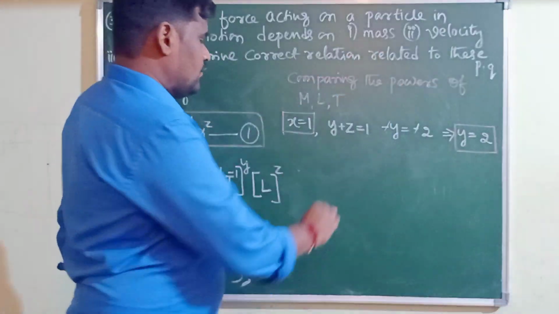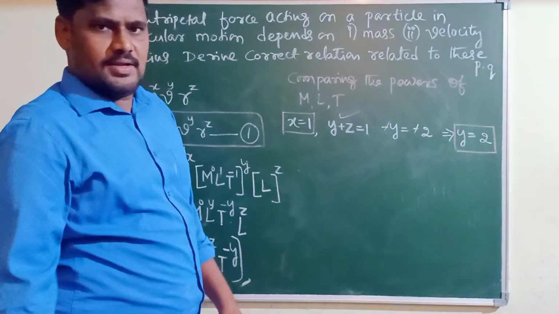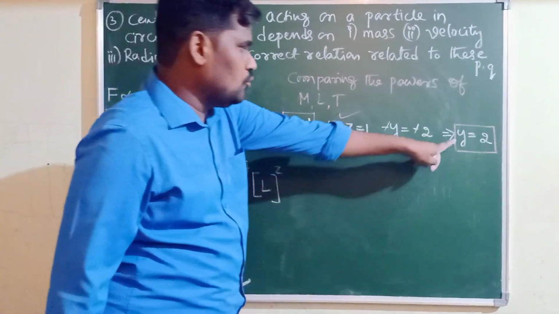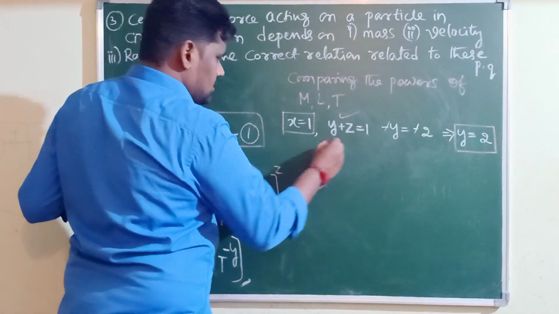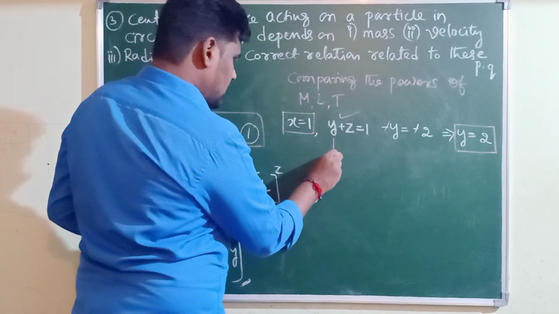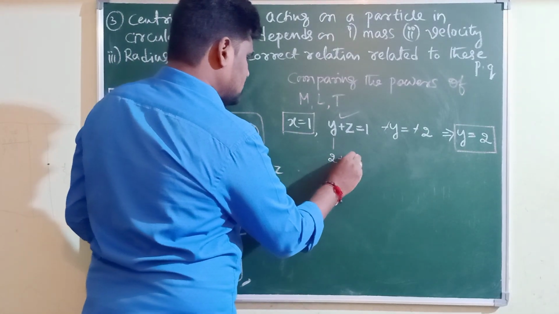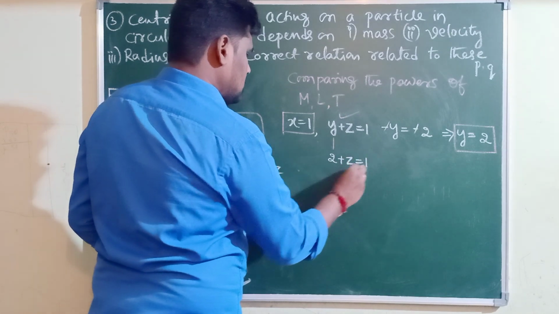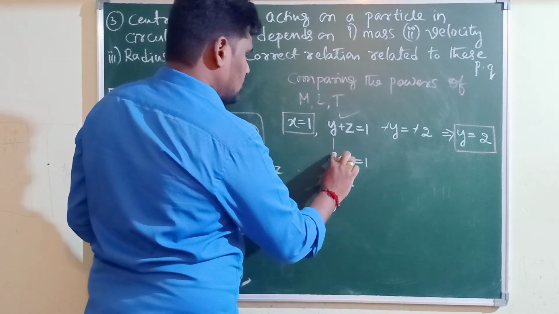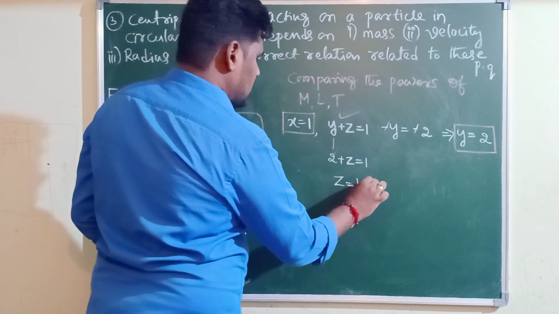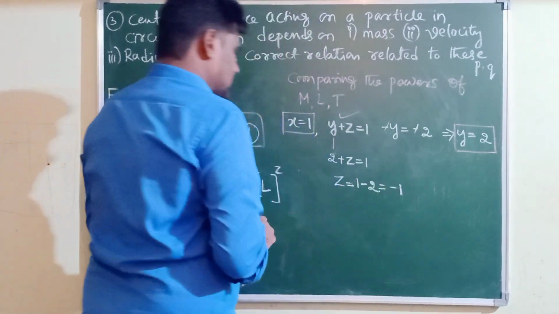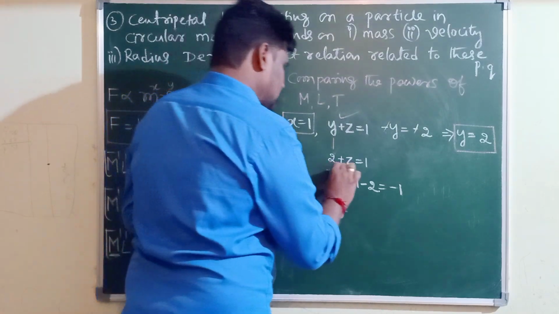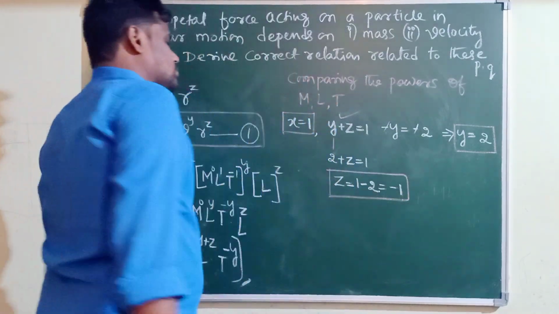You can find the z value here. You find the z value now by substituting the value of y. What is the value of y here? Substitute. Y value is 2, plus z equals 1. Or z equals, you transfer to that side, 1 minus 2, or z is equal to minus 1. What is the value of z here? The value of z equals minus 1.